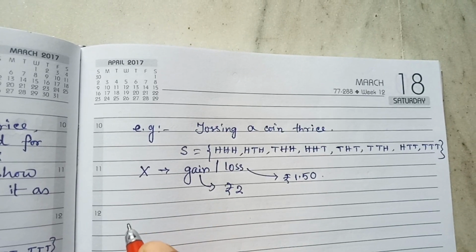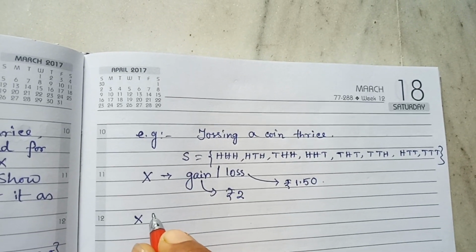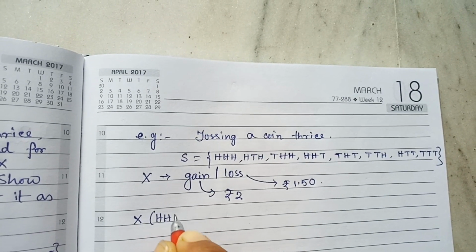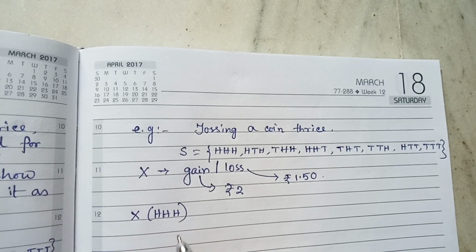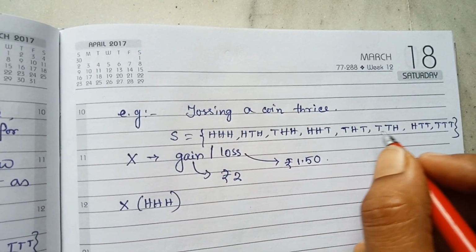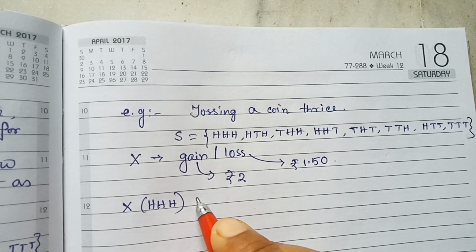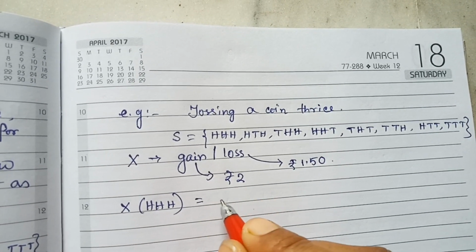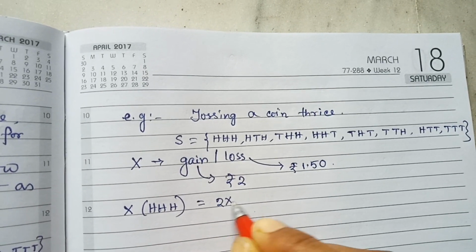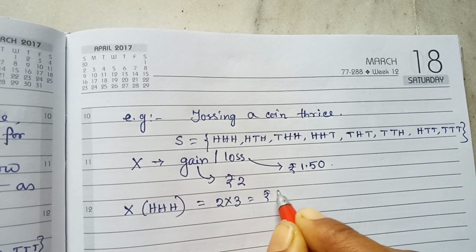Therefore we can get like this: X of HHH means 3 heads are there, so there is no other sample point which has 3 heads. So this equals the gaining amount, that is 2 into 3 equals ₹6.